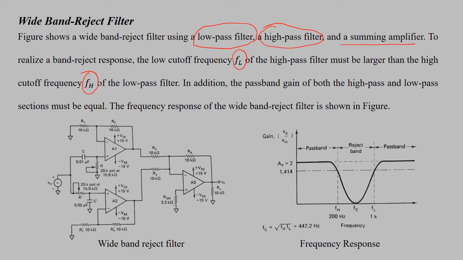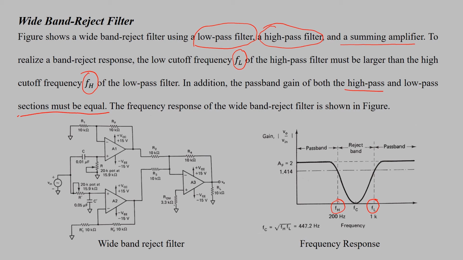So this is the cutoff frequency for the low pass filter and this is the cutoff frequency for the high pass filter. Here FH should be less than FL. In addition, the passband gain of both high pass and low pass sections must be equal.